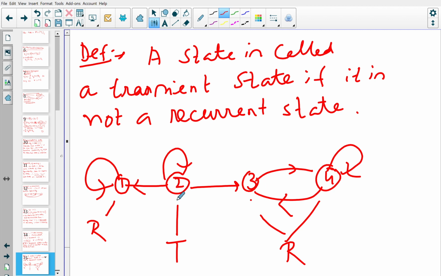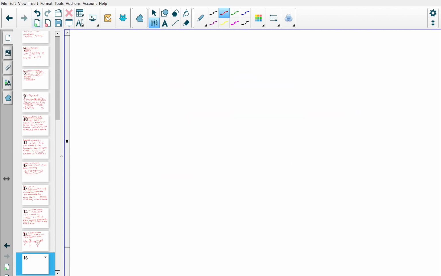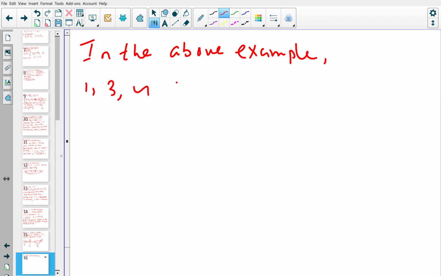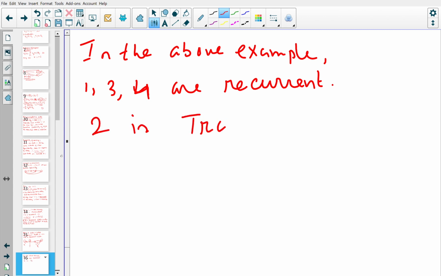So in the above example, 1, 3, 4 are recurrent, and 2 is transient. Clear?